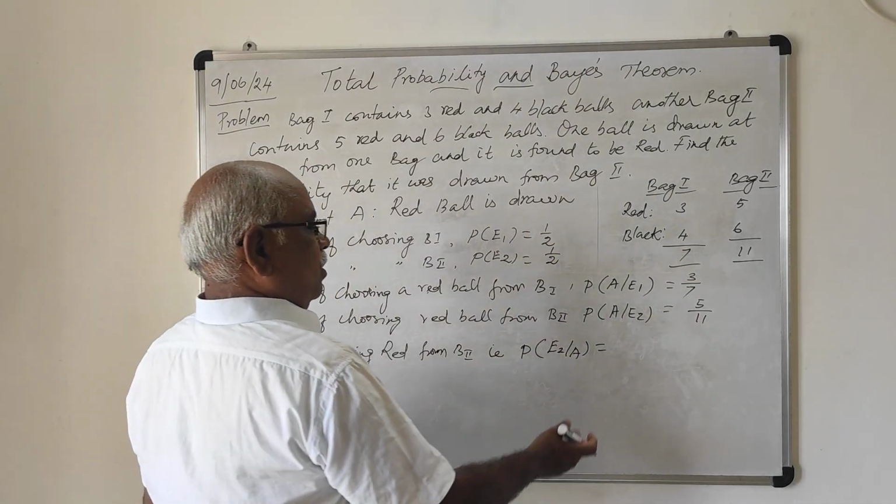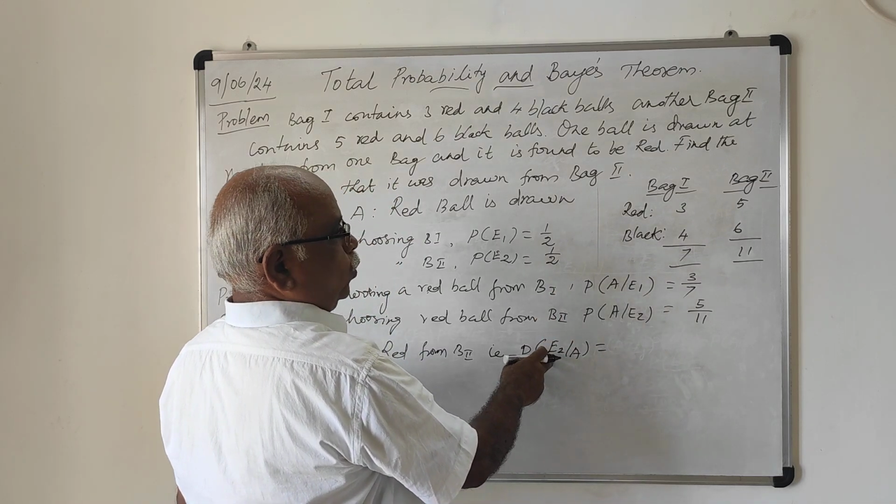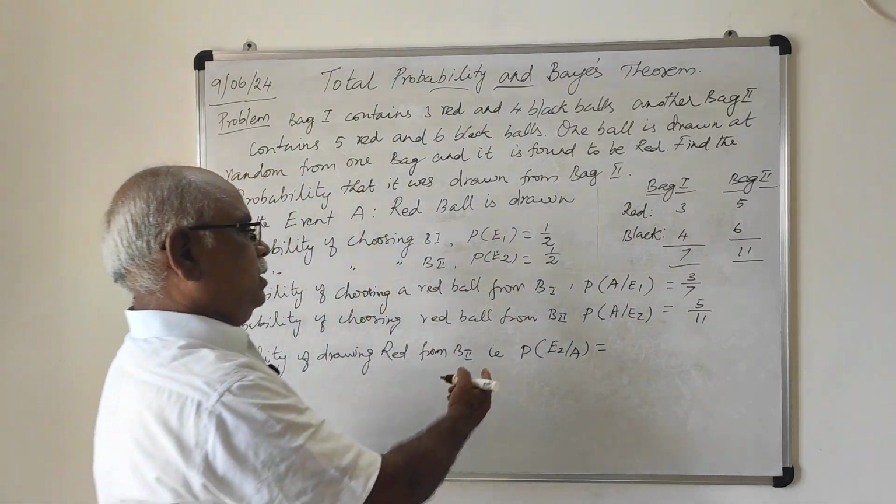Here, we are choosing the red ball first, and that red ball has to be from bag 2. So this is Bayes theorem.